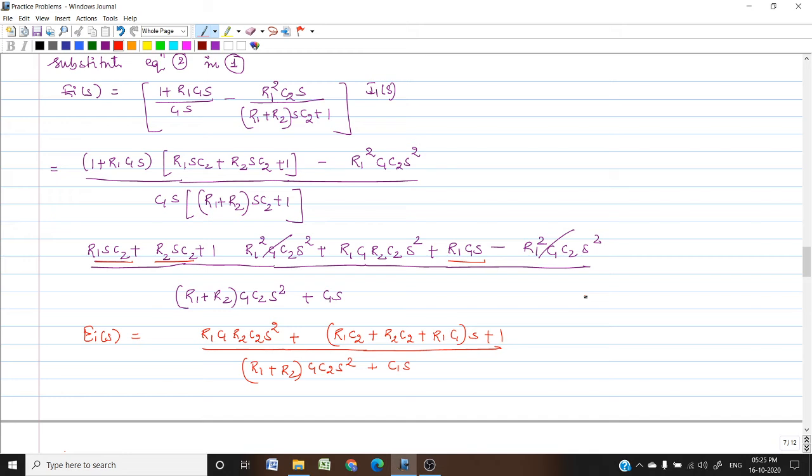This becomes my Ei of S. So I'll name this equation as equation number 3.